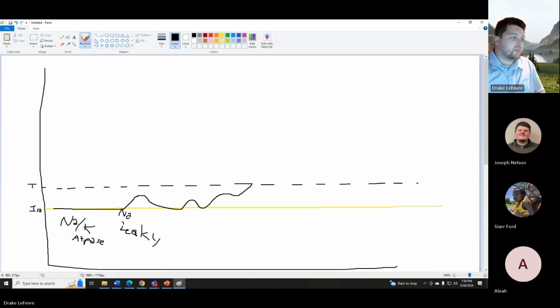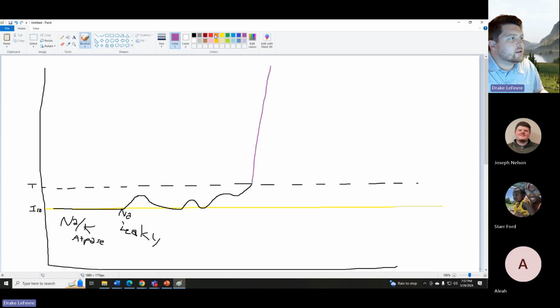We get another stimulus, and another stimulus, and all of a sudden we get more stimulus and hit threshold. Now, the second we hit threshold, what happens at threshold? Depolarization. Boom. A little too steep, but just like that, we get depolarization.